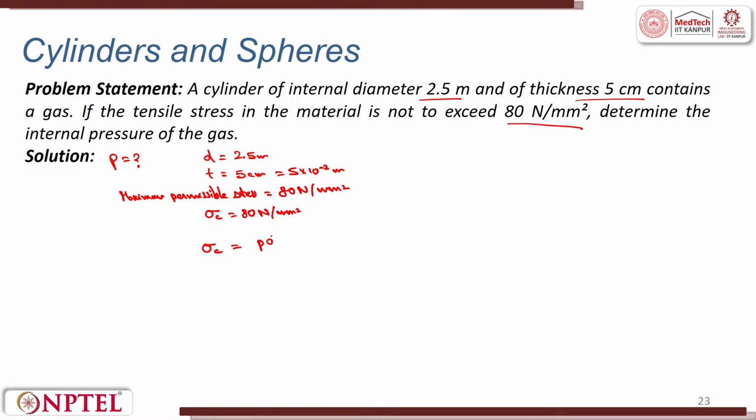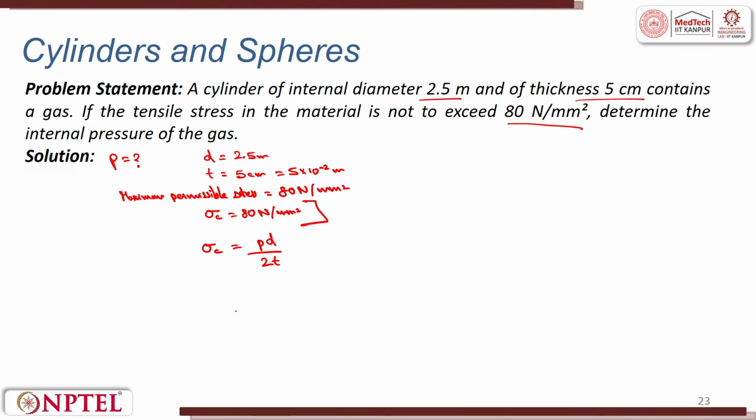So internal pressure of gas, if I need, I would just put the relation sigma C is equal to PD by 2T. As we know that circumferential stress should not be greater than the maximum permissible stress, so we take the circumferential stress equal to maximum permissible stress. It cannot exceed this value.